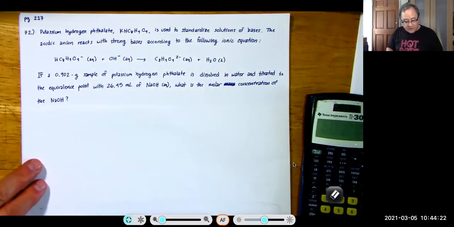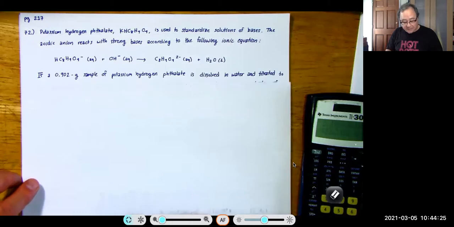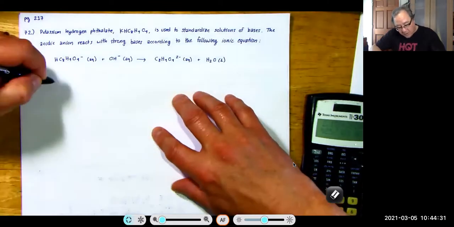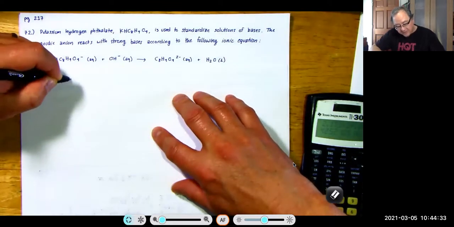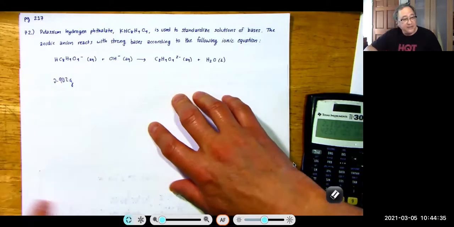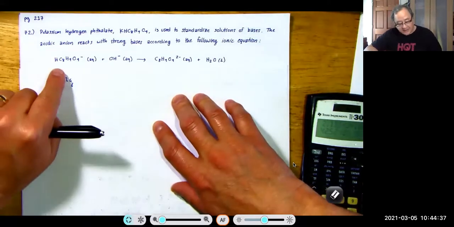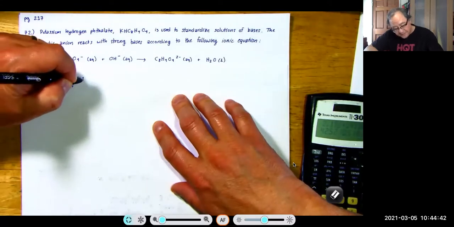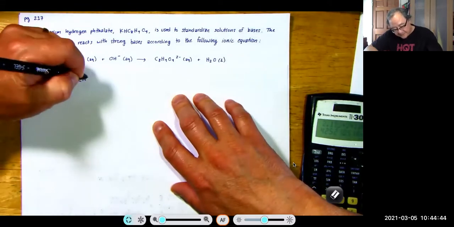Okay, so we have a 0.902 gram sample of potassium hydrogen phthalate. So I want to put 0.290 grams here, but that's not correct. That's hydrogen phthalate. This is 0.902 grams of potassium hydrogen phthalate.